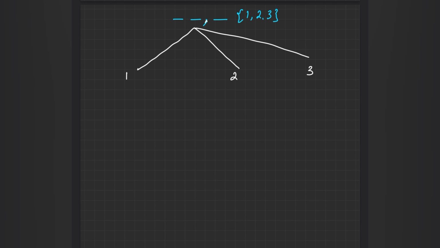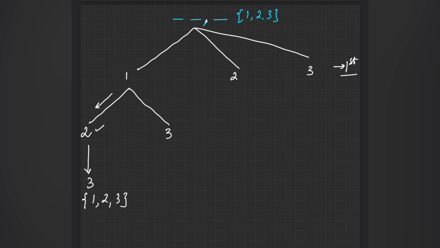So let's say for the first slot, which is represented by this level, I fill it with 1. Now, when you filled it with 1, the other 2 candidates that you can fill the following slots, which is the second slot, is either 2 or 3. Let's say we fill it with 2. The only candidate that you have now is 3. At this stage, the permutation that you get is 1, 2, 3.